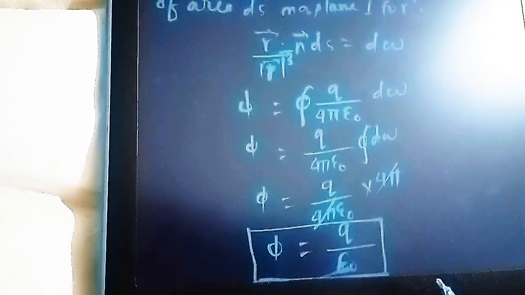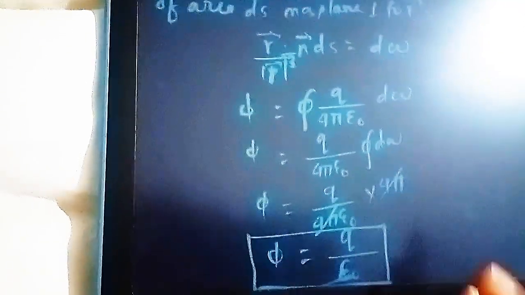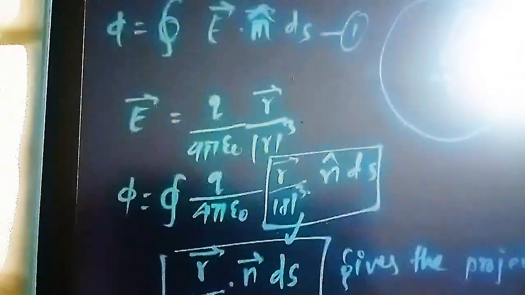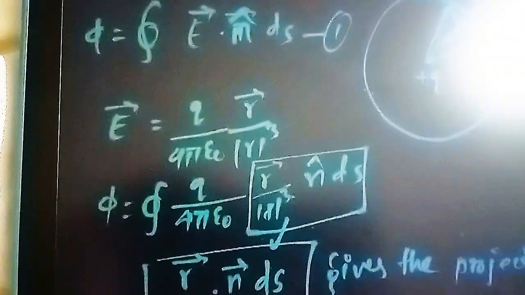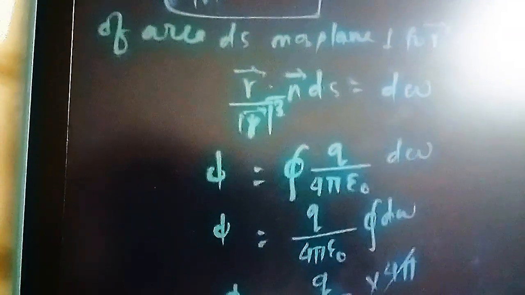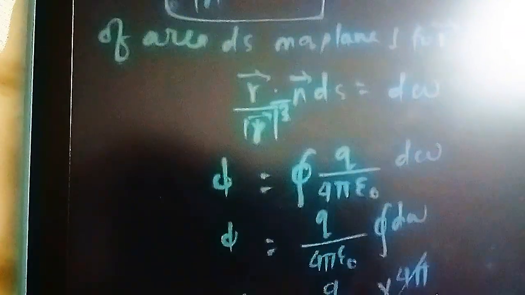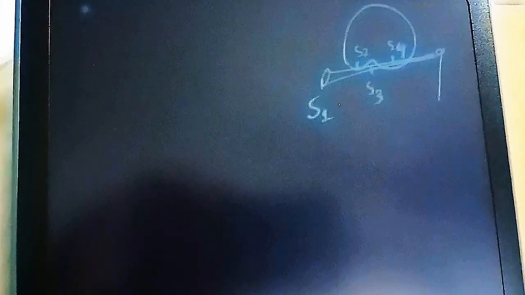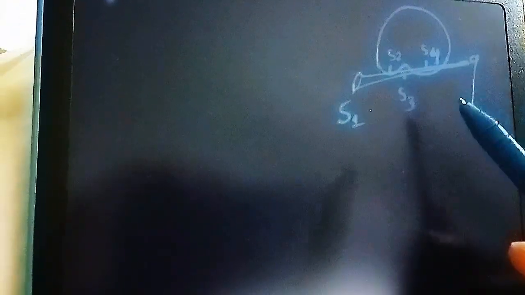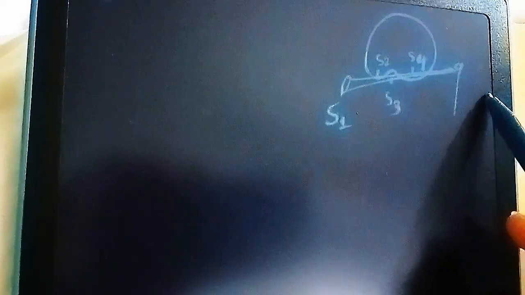Now we will see Gauss law when the charge is outside the surface, as opposed to inside the surface. Gauss law is only applicable when the charge is inside the surface. When the charge is outside the surface, we will get that the electric flux is 0. Let's see. I make a figure. There is some closed surface, and the charge Q is outside here.